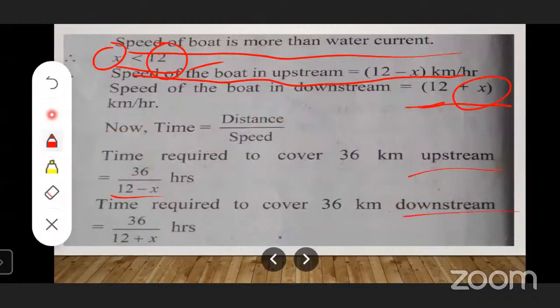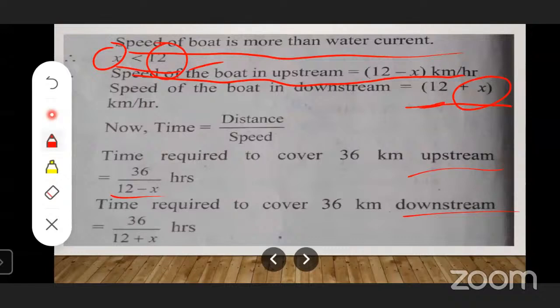Now you have the time for the upstream and downstream. But what is the condition given? The total time to go upstream and downstream is what? 8 hours. Okay, so what are we going to write in the next slide?